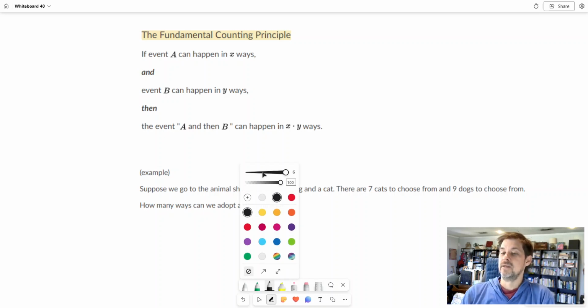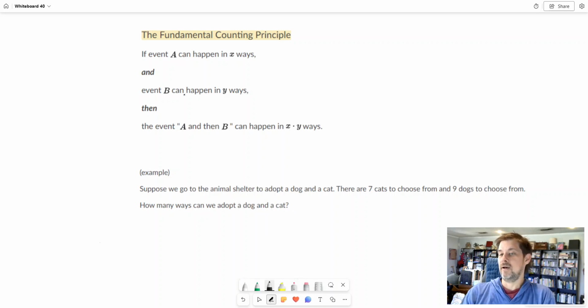So we could say, how many ways can I choose a cat? I can do that in 7 ways. And then how many ways can I choose a dog? I can do that in 9 ways. And if I multiply them, that's how many ways I can choose a dog and a cat.